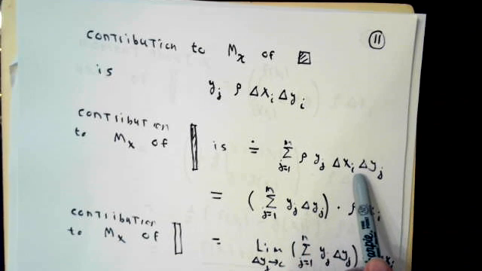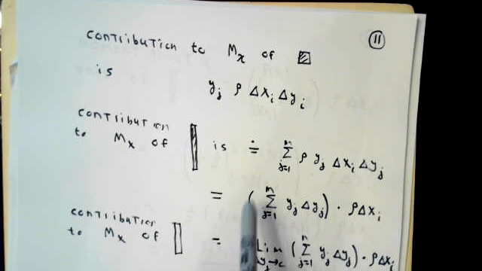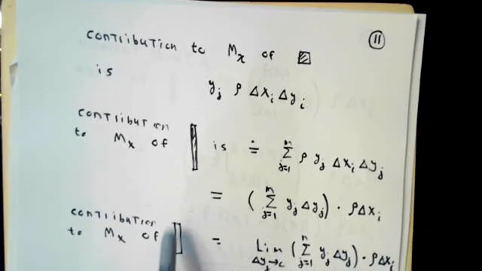Mass density times area is mass times how far out I am from the x-axis. You could group this by factoring out the things that within this vertical strip are being treated as constants. To get the contribution of this one vertical strip to the moment about the x-axis, I have to take the limit as all of the delta y's go to 0.